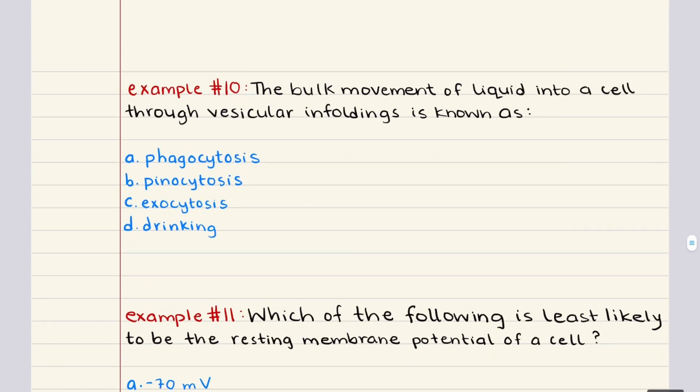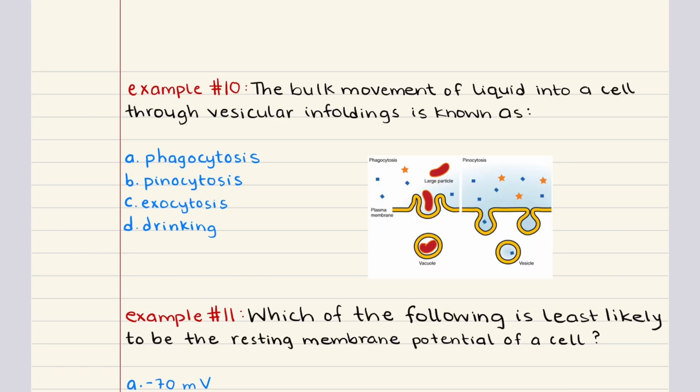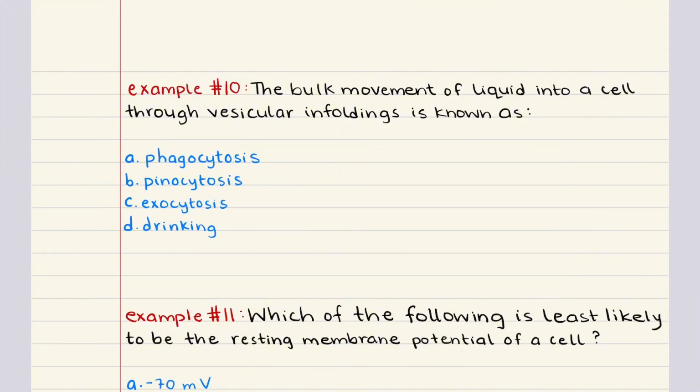Problem 10 says the bulk movement of liquid into a cell through vesicular enfoldings is known as blank. A says phagocytosis, B says pinocytosis, C says exocytosis, and D says drinking. Now, the bulk movement of liquid into a cell through these enfoldings, this is a form of endocytosis, where the cell membrane folds inward to enclose material in a vesicle.